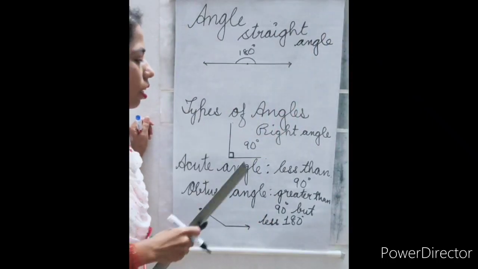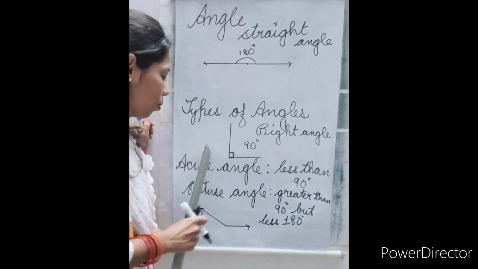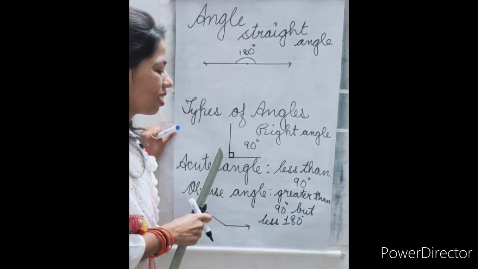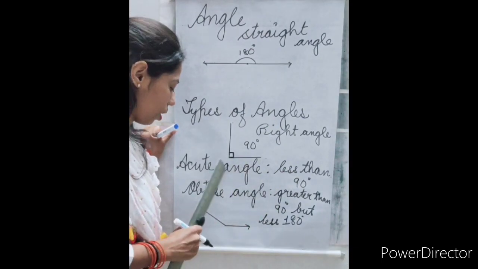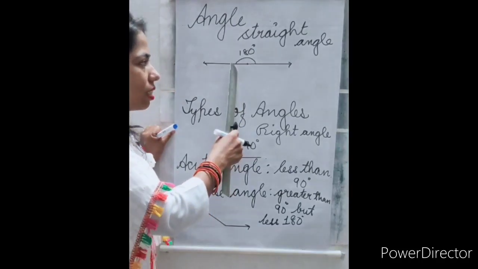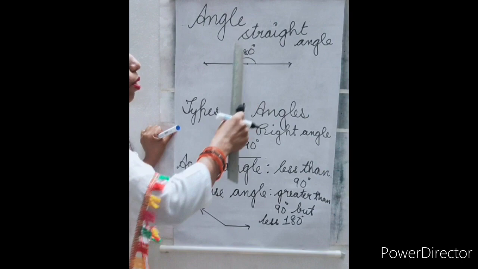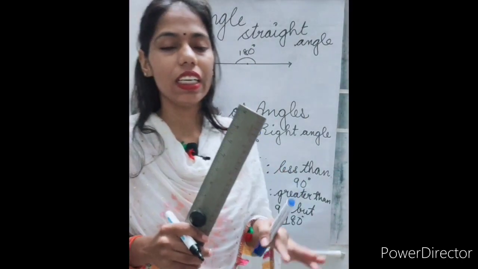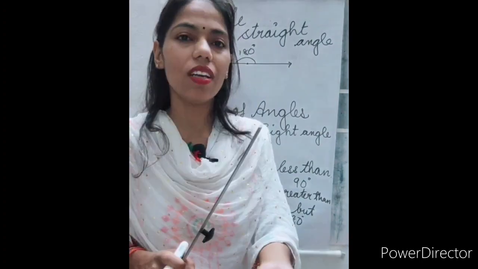Now see, here we studied the right angle. The measure of a right angle is 90 degrees. Acute angles are all angles less than 90 degrees and greater than 0 degrees. Obtuse angles are greater than 90 degrees but less than 180 degrees, and a straight angle measures 180 degrees. Now after this we will understand how to measure angles.